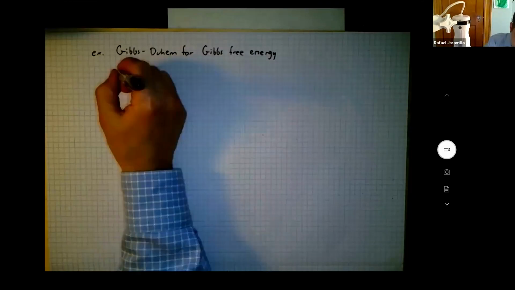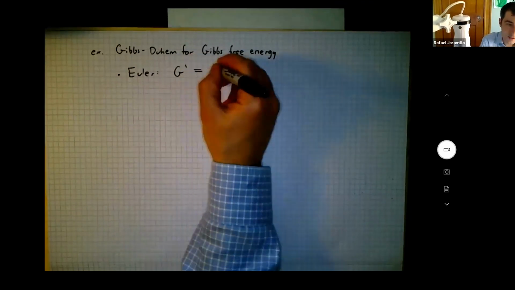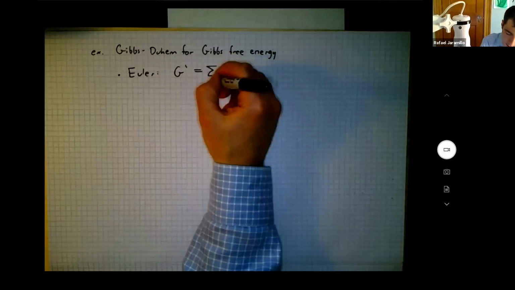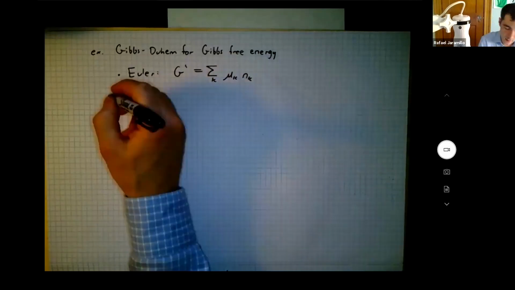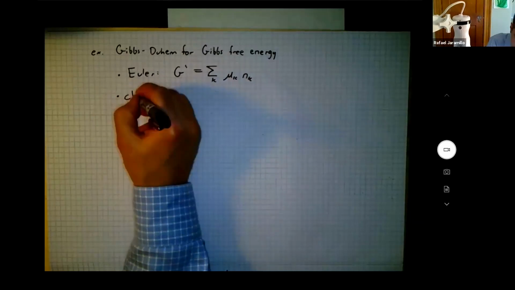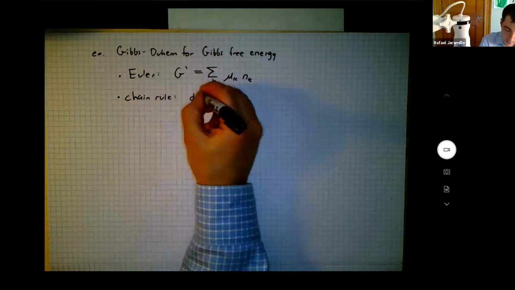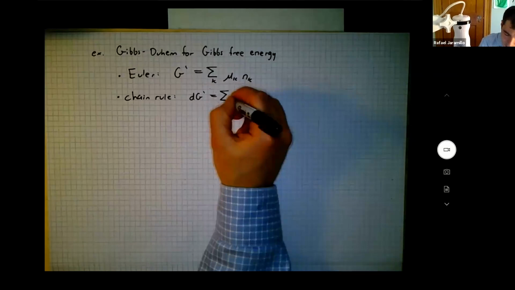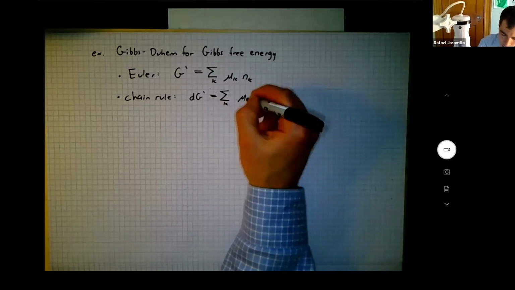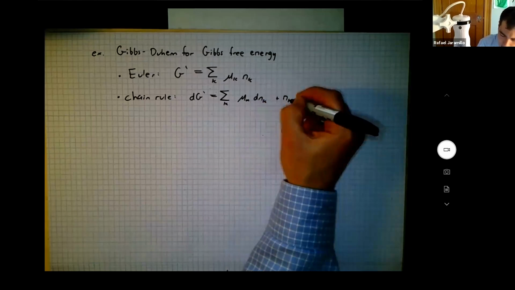Euler gives us the following. The total Gibbs free energy is the sum of mu of k, n of k. The chain rule gives us dG equals mu of k dn of k plus n of k d mu of k.